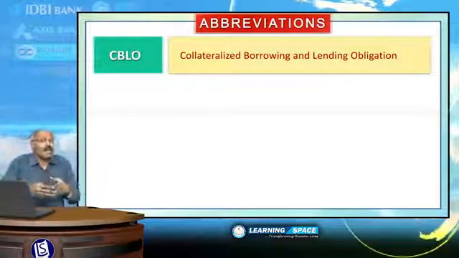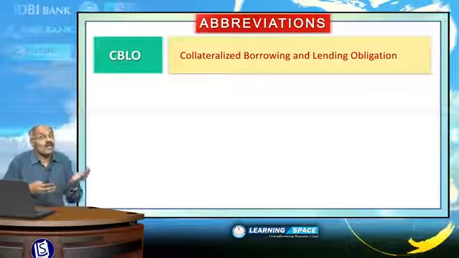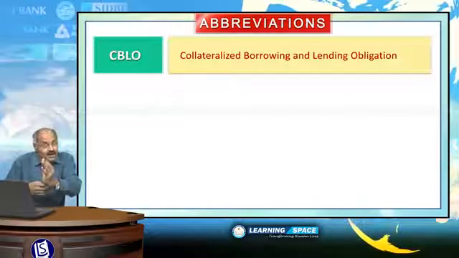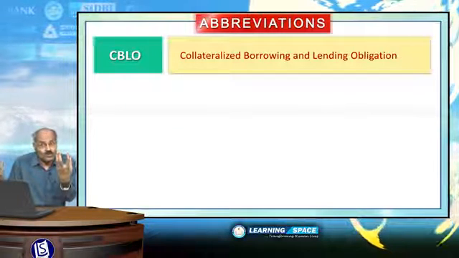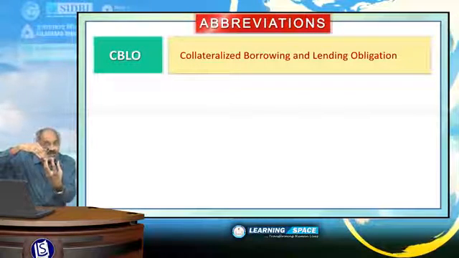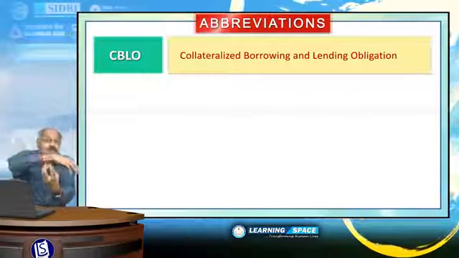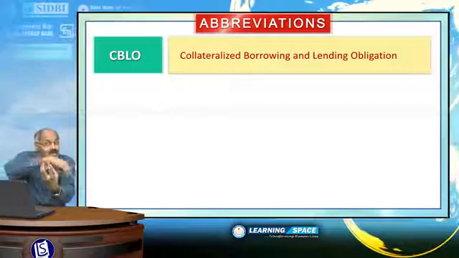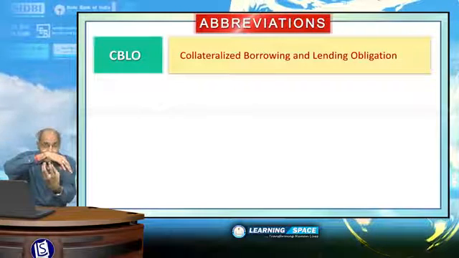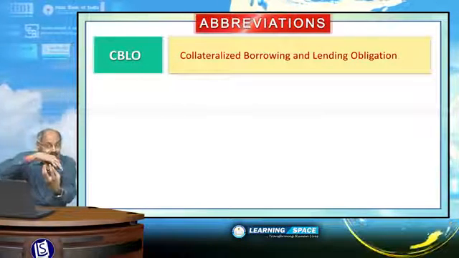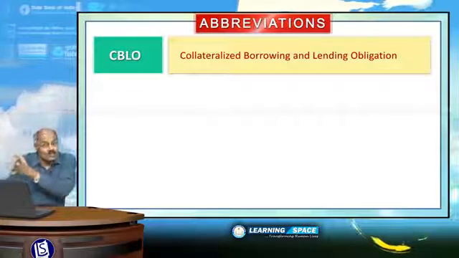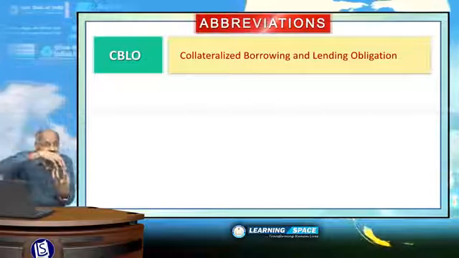Look into the next one, CBLO. Collateralized borrowing and lending obligation. The organization whichever borrows, they have to pay back in time. And for that, as a security, government securities like treasury bills or dated government securities are used as collateral security when one financial institution is borrowing from other financial institution.